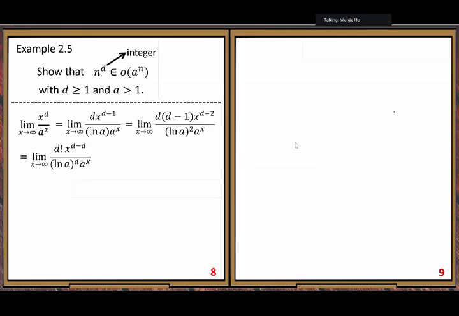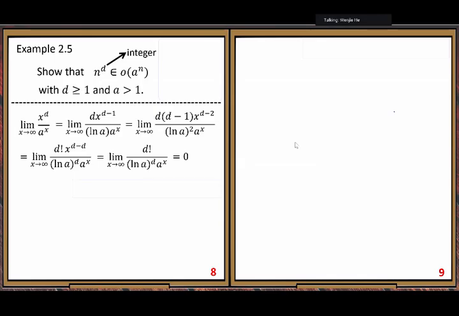Then, in this case, because the numerator x power function part becomes constant, we can simplify it. After simplification, we can see the denominator goes to infinity, so the whole fraction goes to 0. Whole fraction goes to 0.